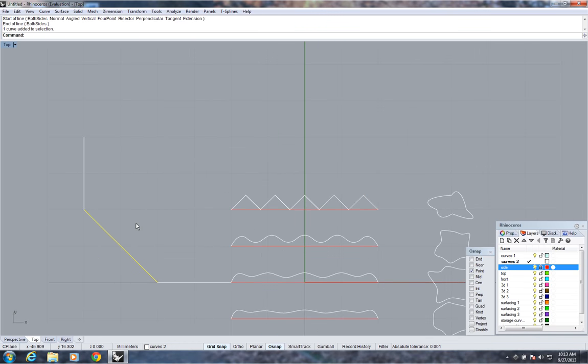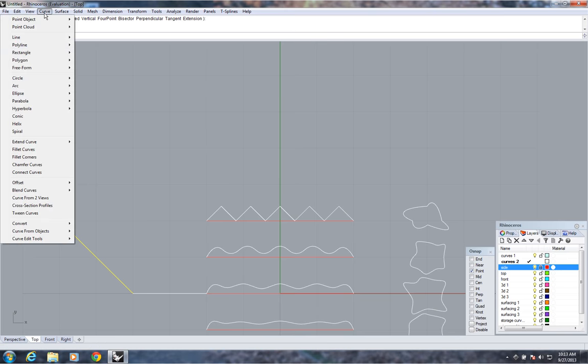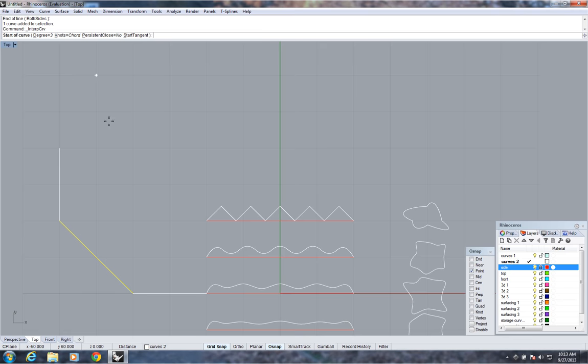Well, the best way to ensure that is to understand how Rhino sees a straight segment of line. To show you what I mean, I'm going to draw a free-form curve using an interpolate curve.